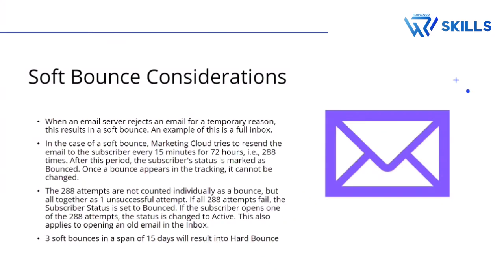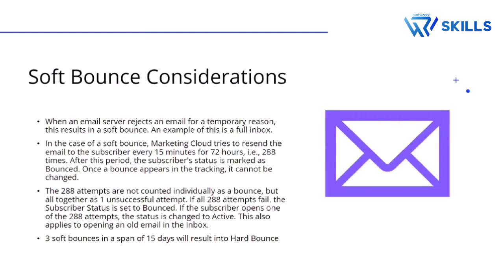After that, we started with Email Studio. We understood what types of email we can send from Marketing Cloud and what GDPR compliance is. Then we understood that emails can be sent to subscribers, how a subscriber is created in Marketing Cloud, and the properties of a subscriber: subscriber key, email address, and subscriber status.